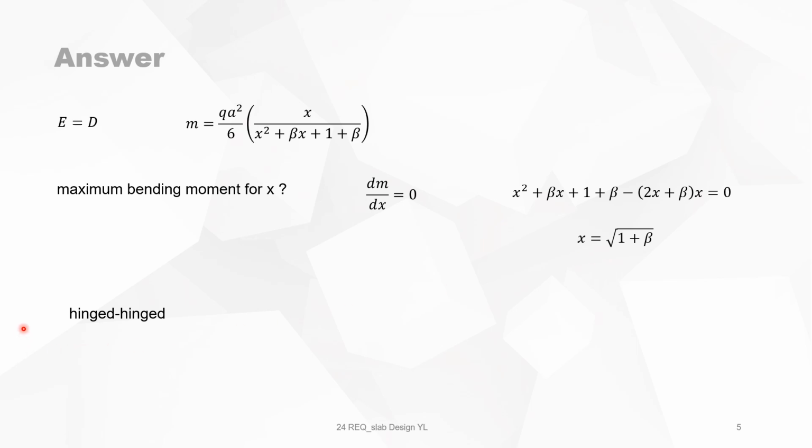What does that mean? When you have a hinged situation, there is no bending moment at the support, so beta must be 0. So for beta equal to 0, x is 1, and x is the tangent of alpha, so it means that alpha is 45 degrees.